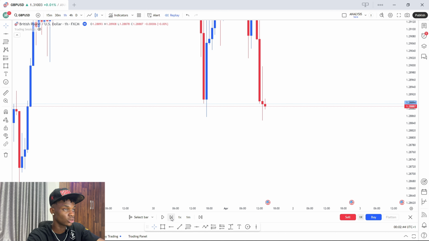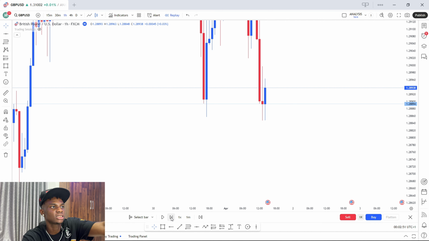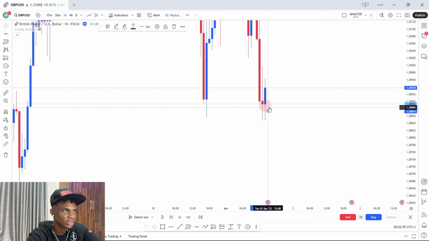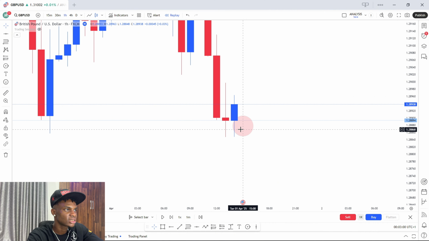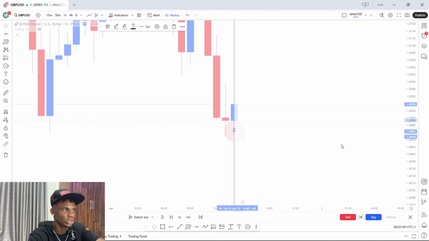Then it has not closed yet because it's still going. Now, as you can see, it did a shadow or a wick. This part, this part, this part. As you can see, it's printing a wick where it came down here before. Let me take it again so you guys can get it.